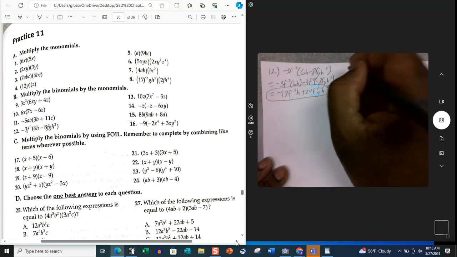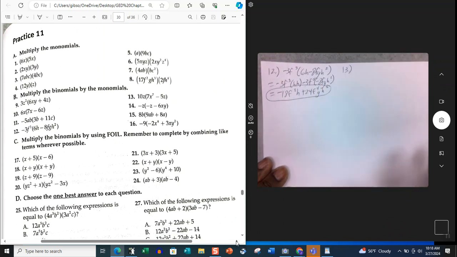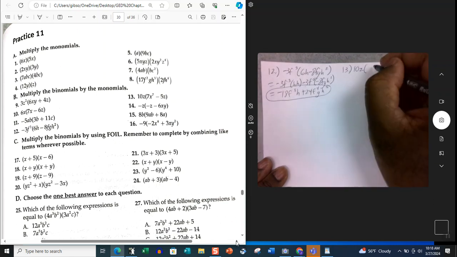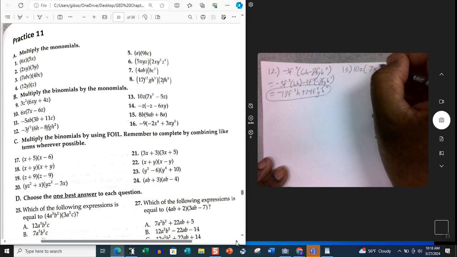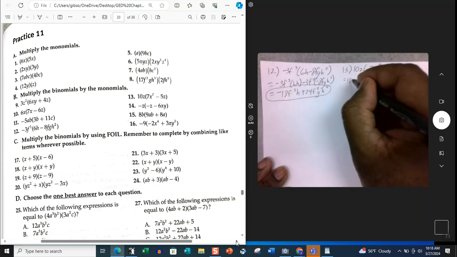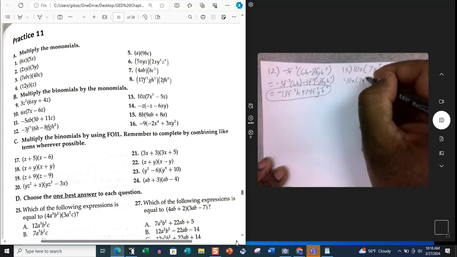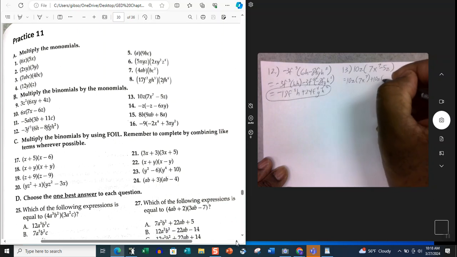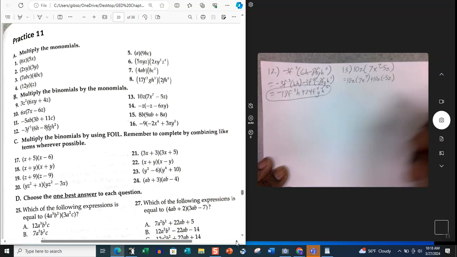Now 13, we have 10z times 7x to the 7th minus 5z. So we had 10z times 7x to the 7th plus 10z times a negative 5z.